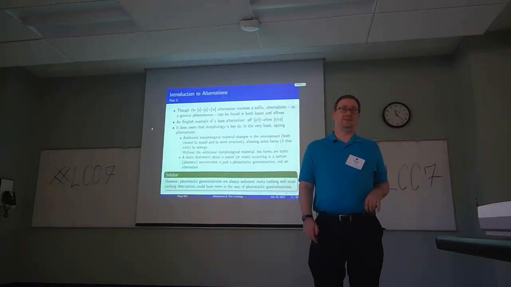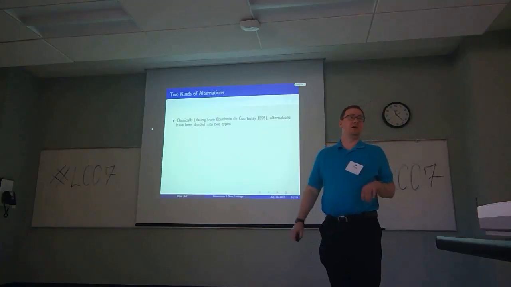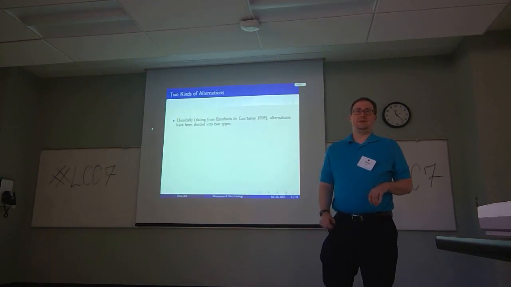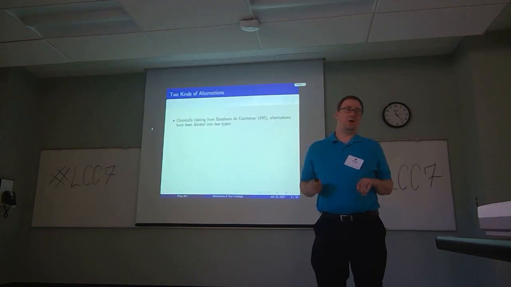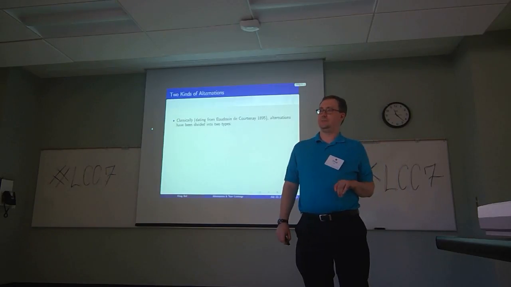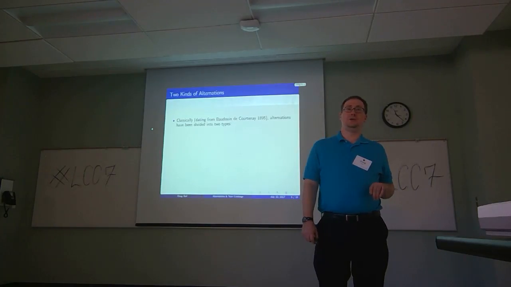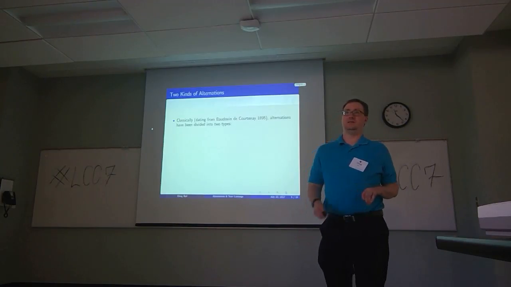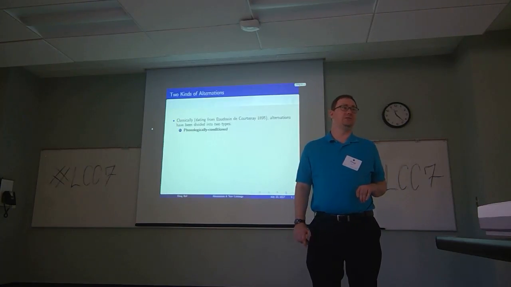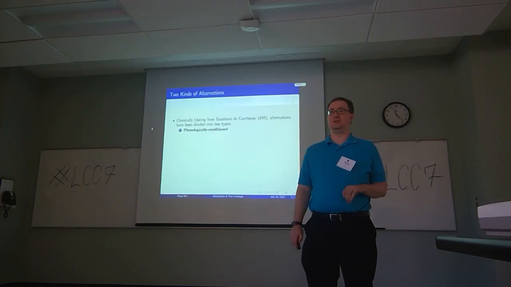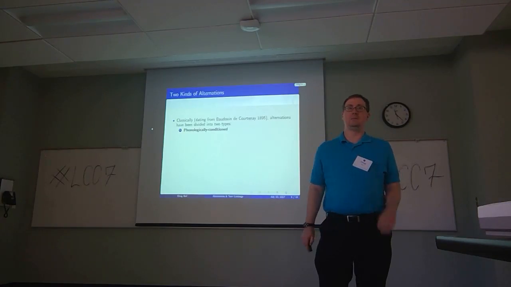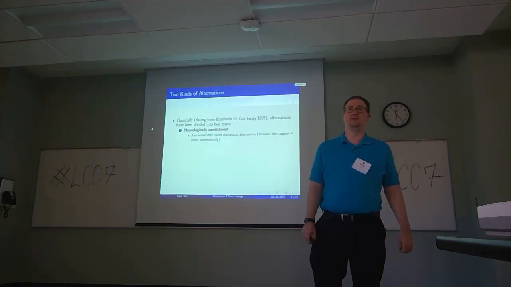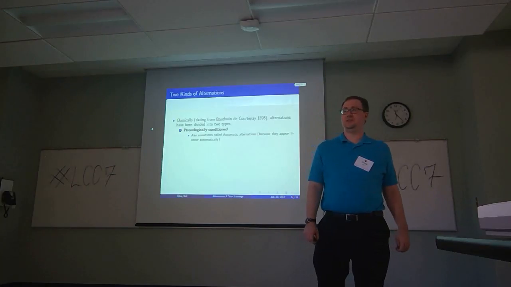So there's a classic division of alternations, which I found in preparing this talk, that goes back to work from the 19th century and divides them into two. So there is what I'll call the phonologically conditioned alternation. It's also sometimes known as an automatic alternation because these are said to occur automatically.